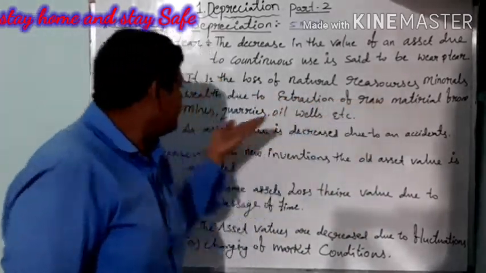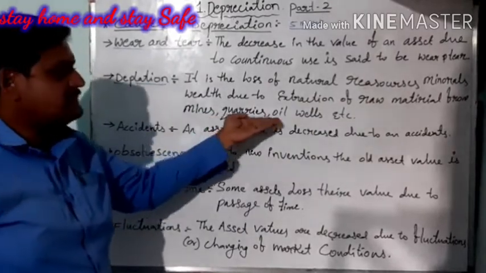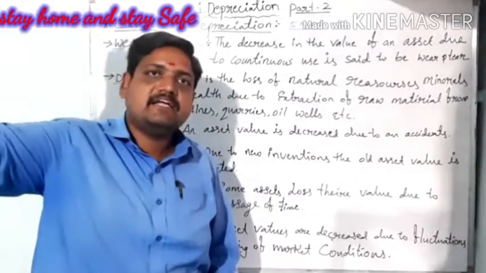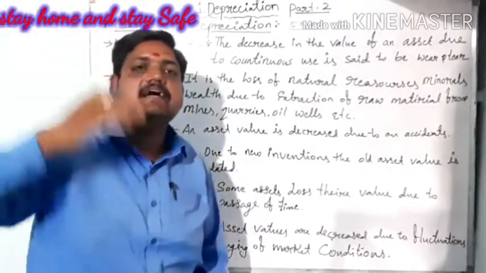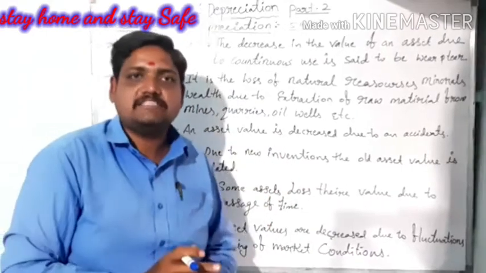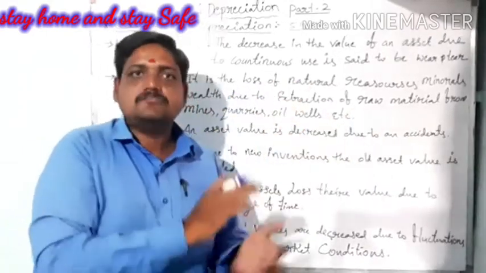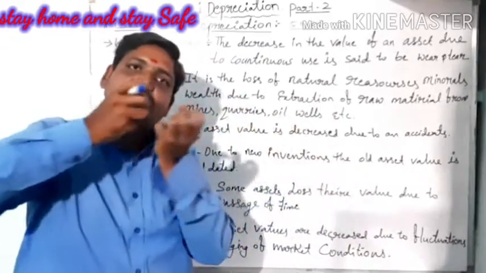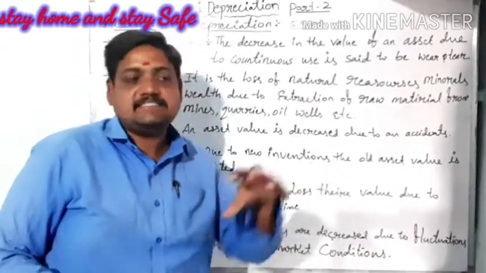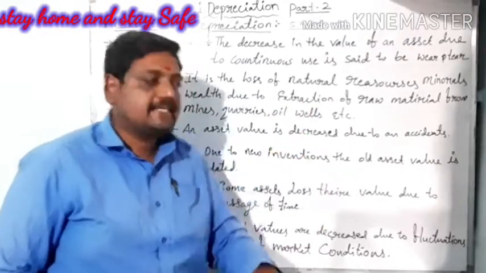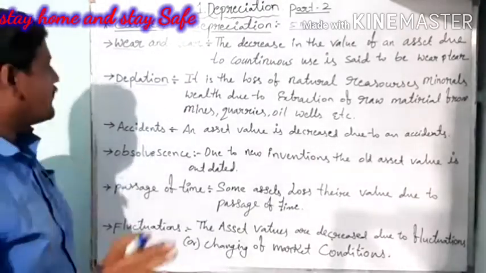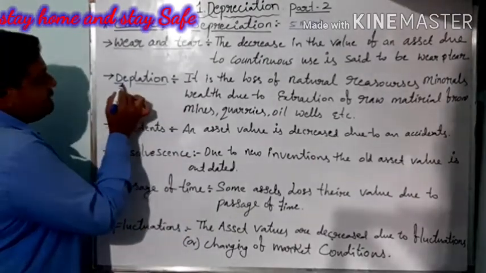Raw material is extracted from mines, quarries, oil wells. For example, crude oil. In Iran, a large amount of crude oil may be available. That is the natural resource of that country. So that crude oil is extracted from the earth, and then the earth value, the land value, may decrease. That is also one of the major causes, and it is called depletion.